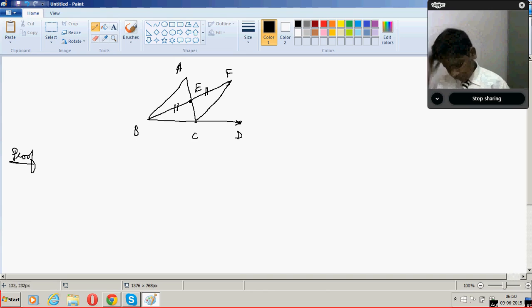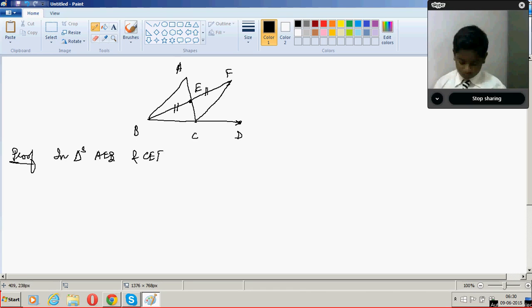In triangles AEB and CEF, AE is equal to CE by construction, because E is midpoint.